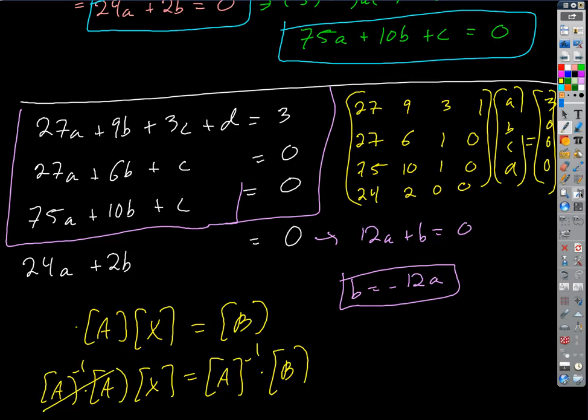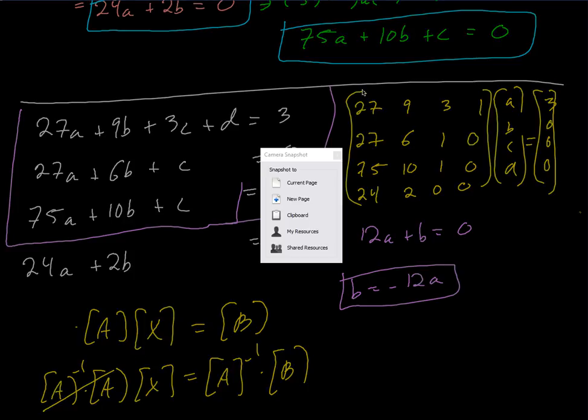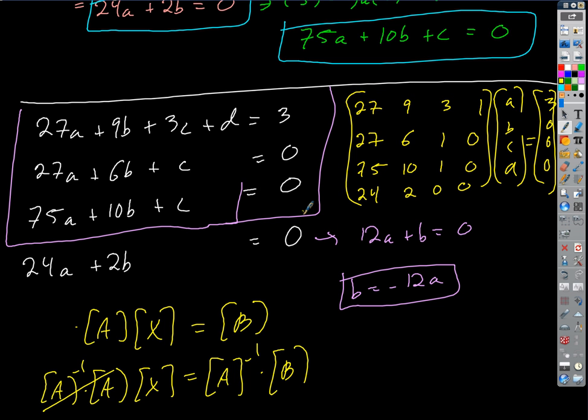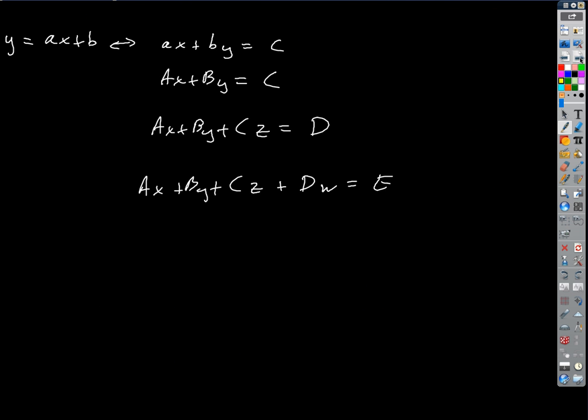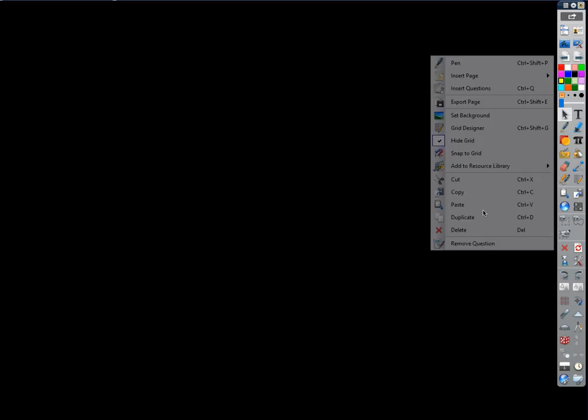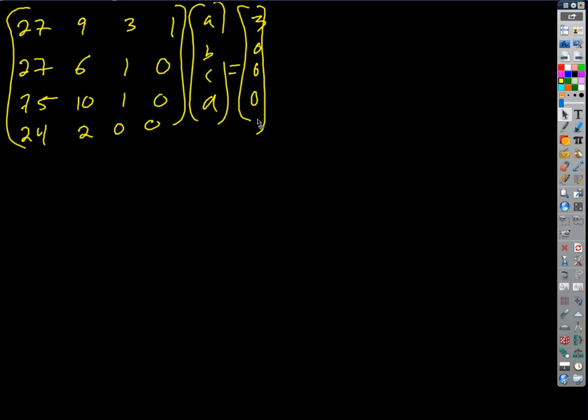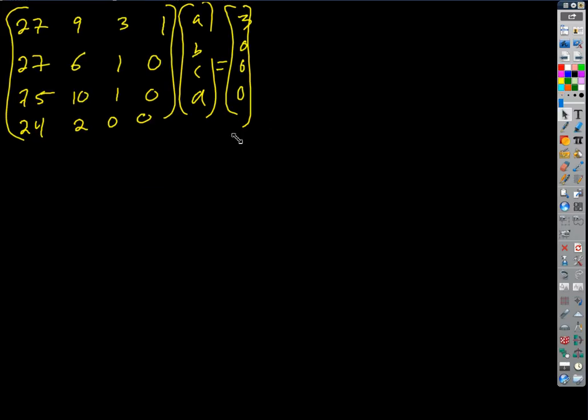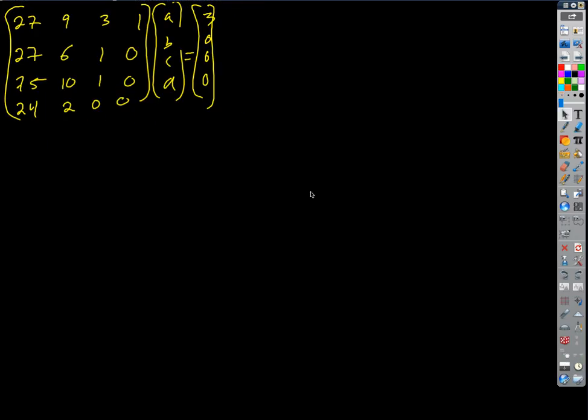So let's take this matrix, and all we have to do is write this, instead of a 4x4 times a 4x1 equals a 4x1, in augmented echelon form.